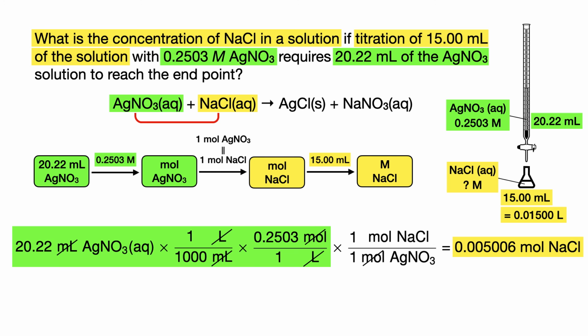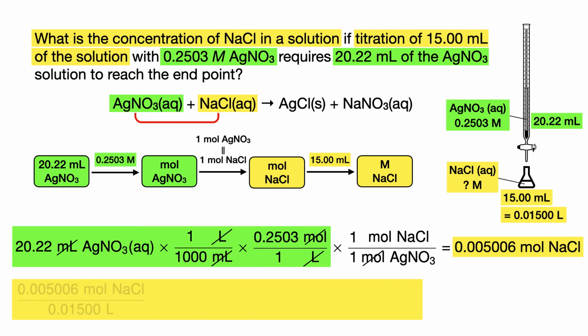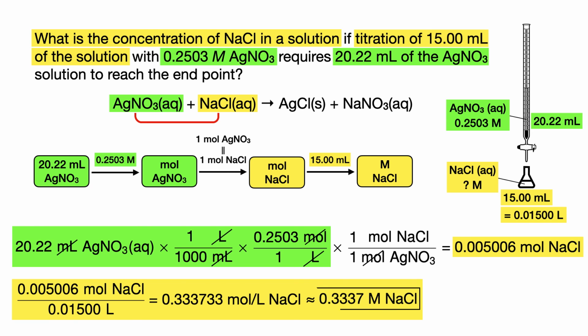So we'll take the number of moles of sodium chloride that we just worked out, we'll divide by the volume in liters, and that gives us 0.333733 moles per liter of sodium chloride, and then we'll round off. In this case, all of the numbers that went into our calculation were either exact or had precision of 4 significant figures. So we'll round this off to 4 significant figures, and we get that the concentration of sodium chloride is 0.3337.